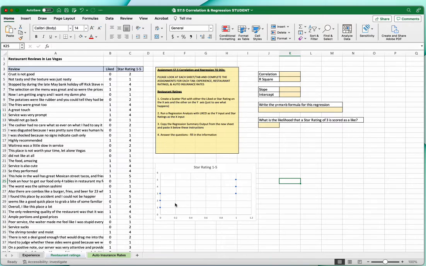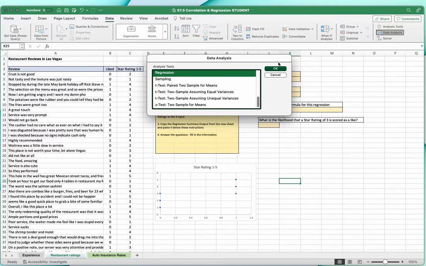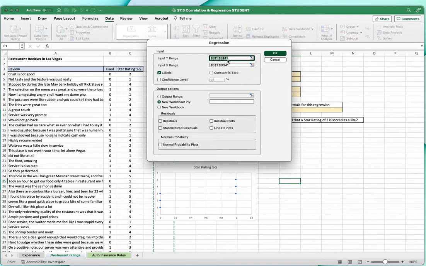In this case, we asked you to run a regression with liked as the Y input and star ratings as the X input. Click on your Data tab, go into Data Analysis, and choose Regression. Anything you've done in the past will still be in your X and Y ranges, so delete those to make sure you have the right stuff.